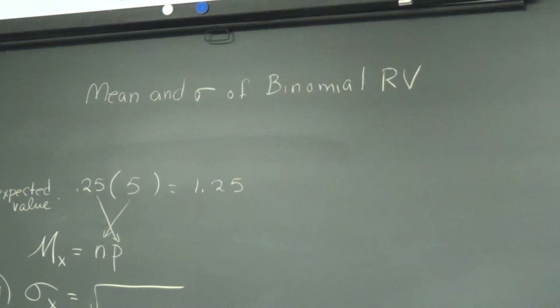No. There always seems to be a square root involved when you see standard deviation. n times p, so it looks similar to the expected value of this binomial random variable, and then 1 minus p. And again, I don't have time to tell you why. It is understandable, so if you want to read it on page 391, they clear it up for you.